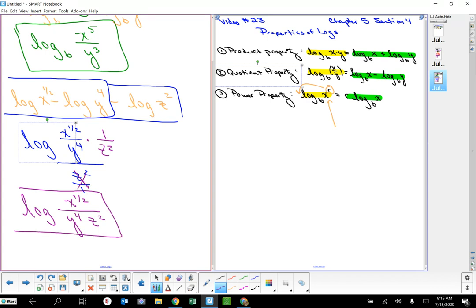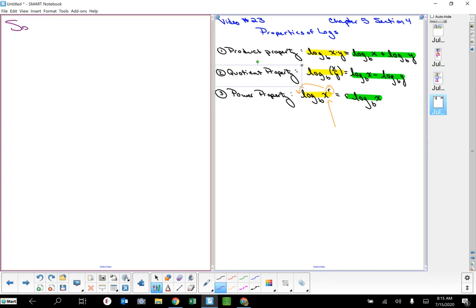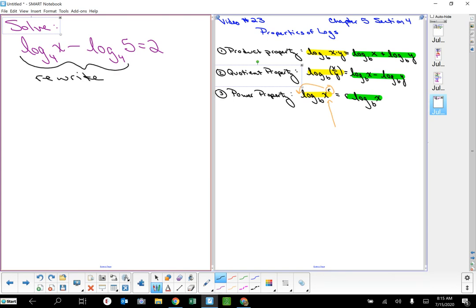All right, now let's solve two of them utilizing this information. So we're going to solve log base 4 of x minus log base 4 of 5 equals 2. So first, rewrite. So you have one log statement, and we know that this is division. Bases are the same, right? So they have to be to do this. So we have log base 4 of x over 5 equals 2.